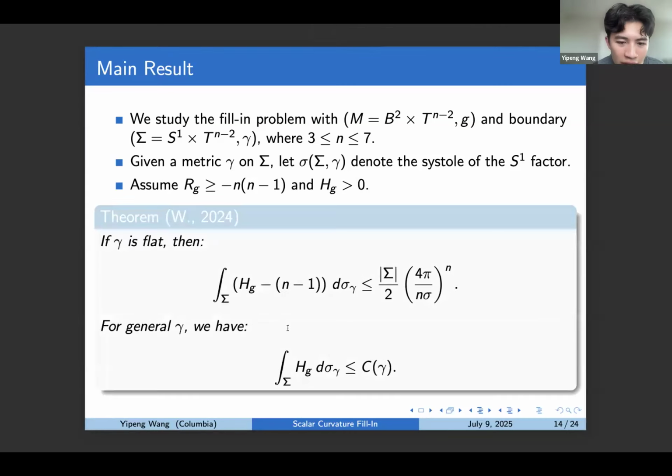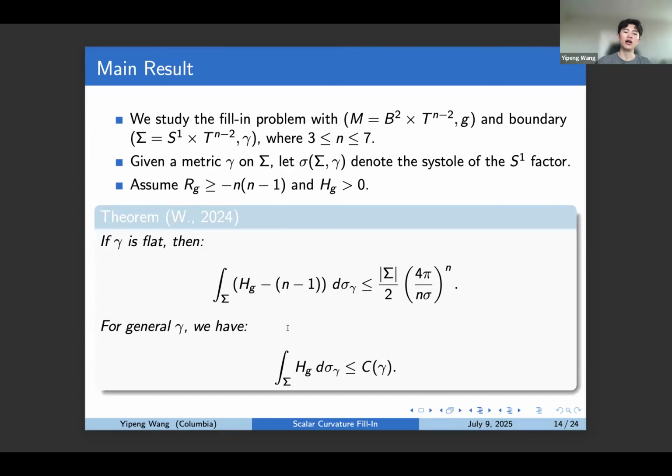Then we have a very similar result to this previous Shi-Wang-Wei result that I was explaining, namely the fill-in conjecture is true in this context. Namely, you can bound the integral of H on the boundary just by the boundary data gamma. And moreover, suppose that gamma is some flat metric on the boundary torus, then you can actually compute the sharp constant.